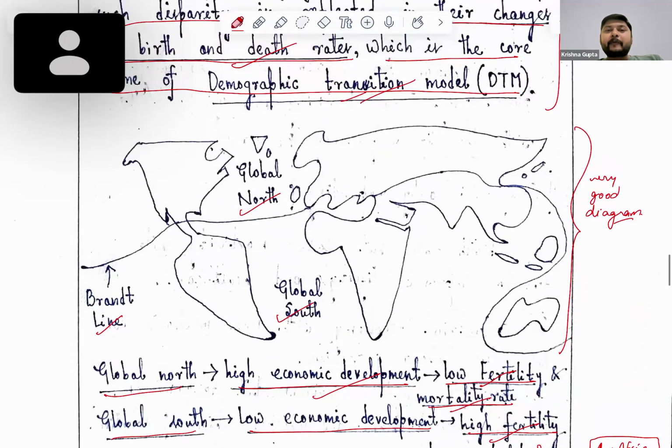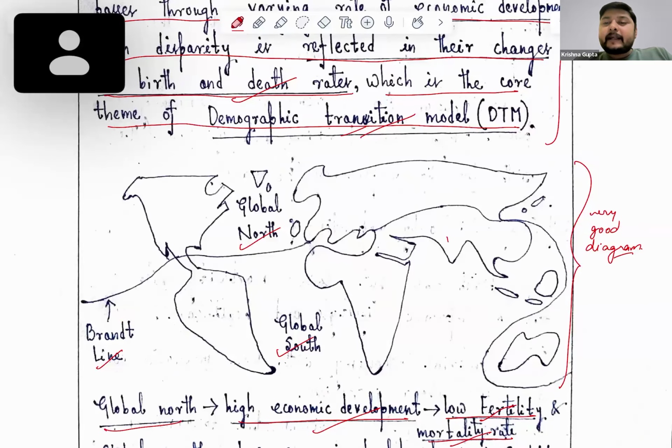You can also provide here, for example, India, which is under stage 3. Then Japan, it is under stage 5. Then you can provide USA, which is under stage 4.